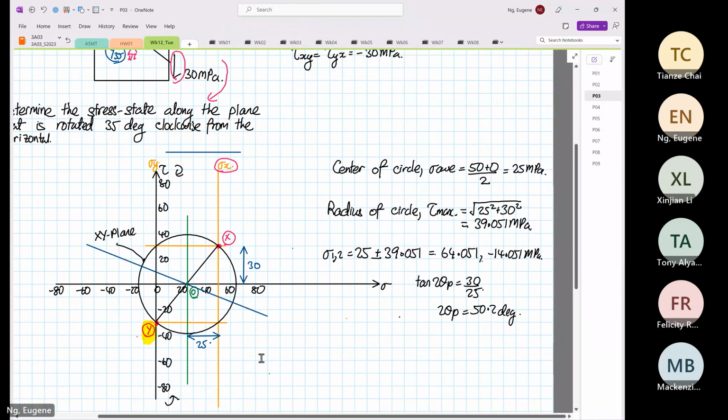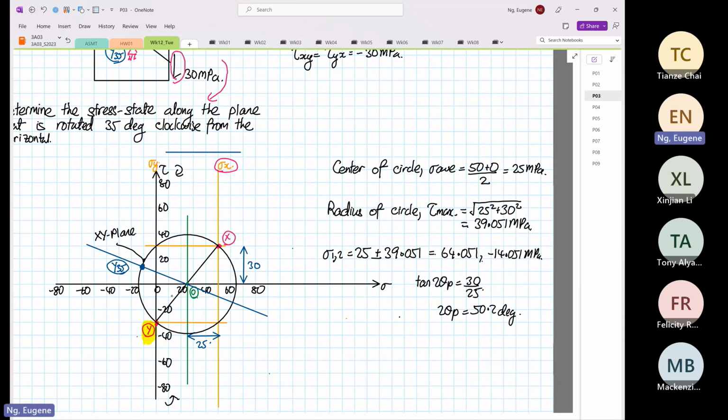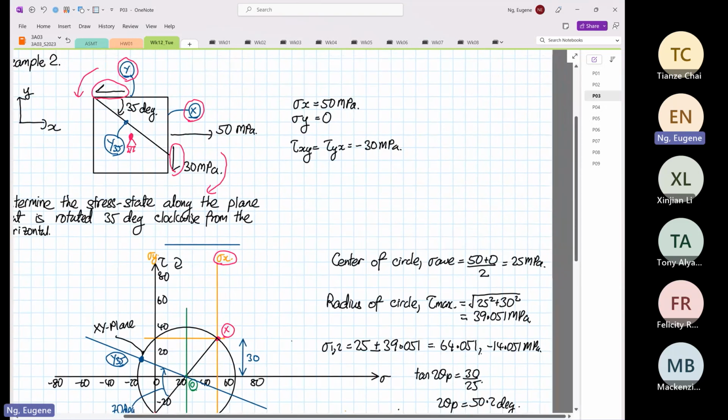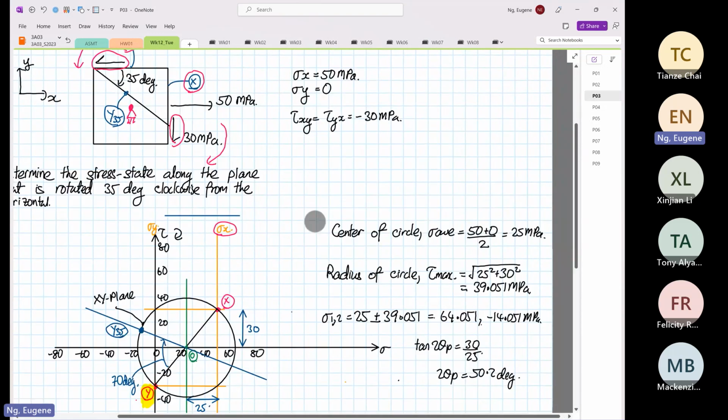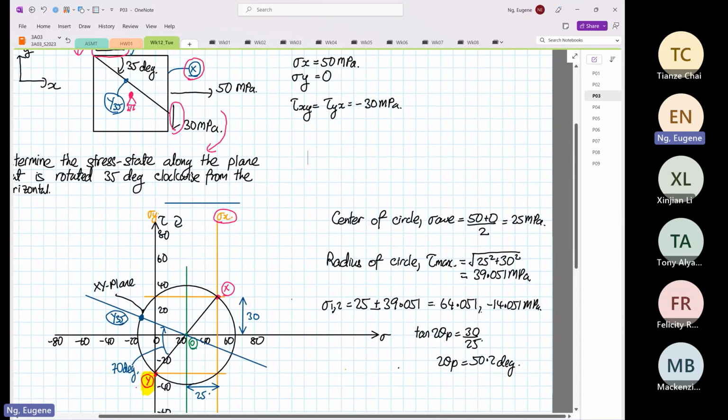Okay, so this point over here, this is my Y35 point. And it's rotated from Y to here, and the angle over here is 70 degrees. Why? Because on the element it is 35. Okay, clockwise direction from point Y is 35.